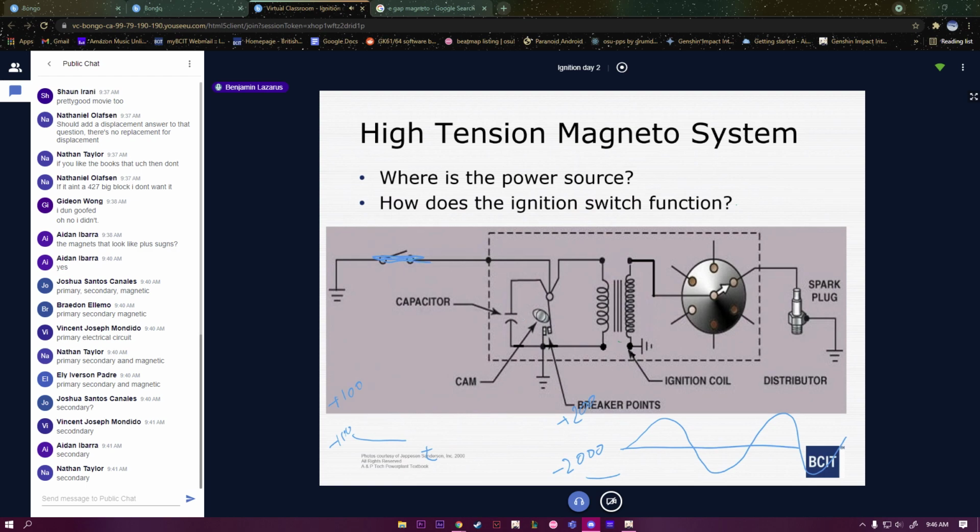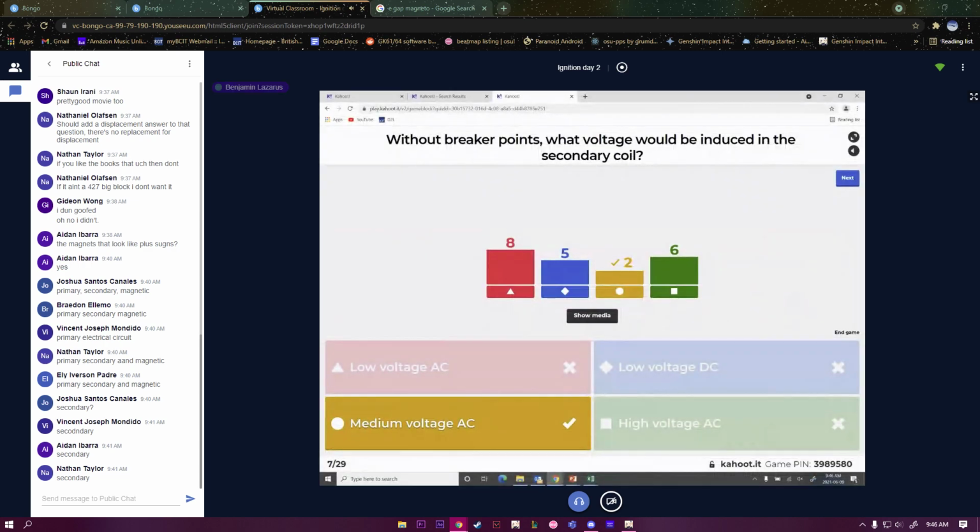It effectively gets rid of my breaker points, because now the electrons have got a choice of, instead of going through here, they will simply go through there, and I still get a completed circuit. And then instead of getting a super high voltage, I get a medium voltage, and 2000 volts is not enough to jump my gap.